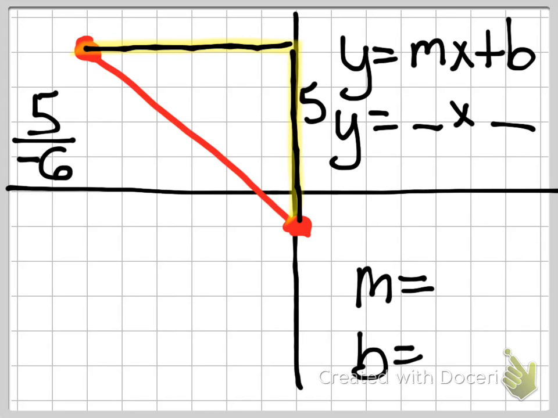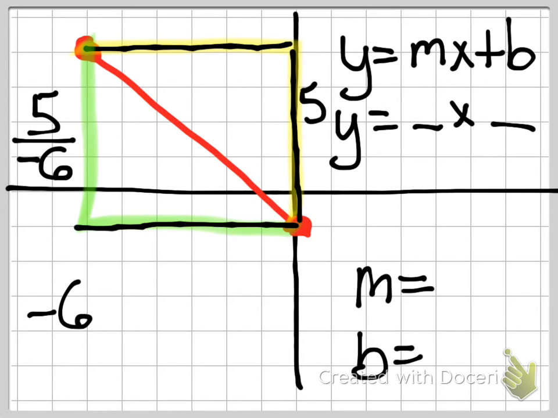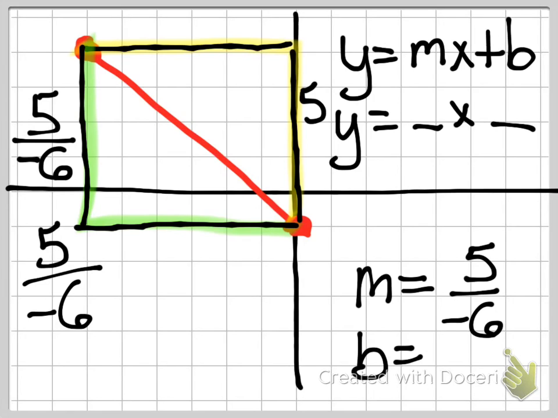Now if I went the other route, and I'll make it green again, I'm going to the left 1, 2, 3, 4, 5, 6, which is negative, and then up 1, 2, 3, 4, 5. And so my slope will be 5 over negative 6.